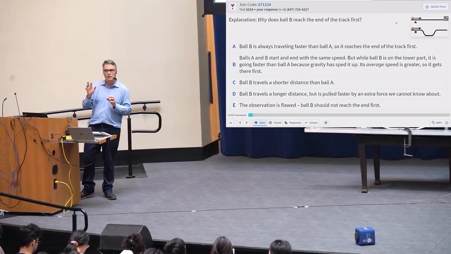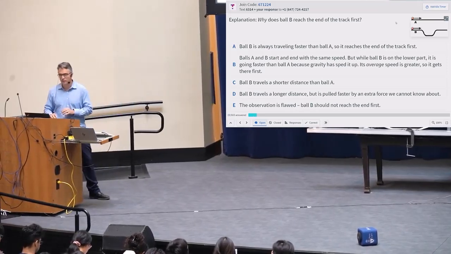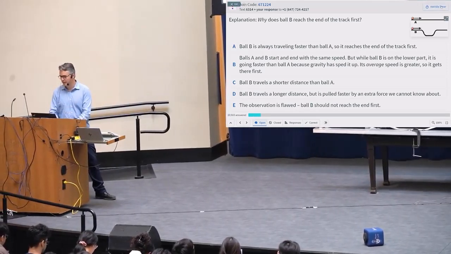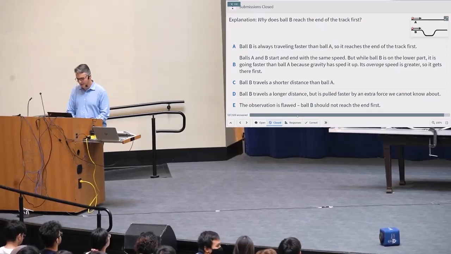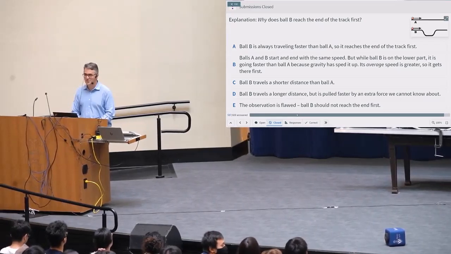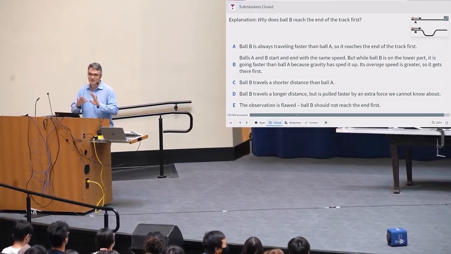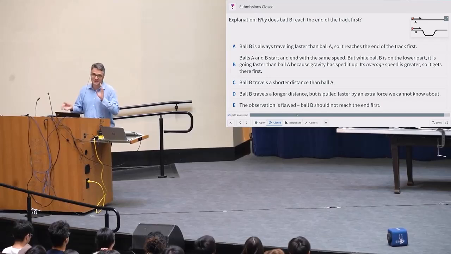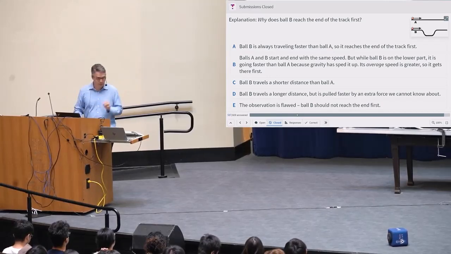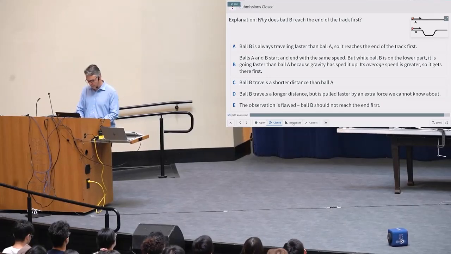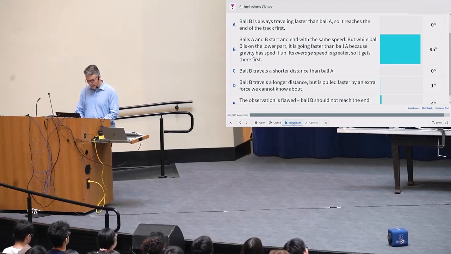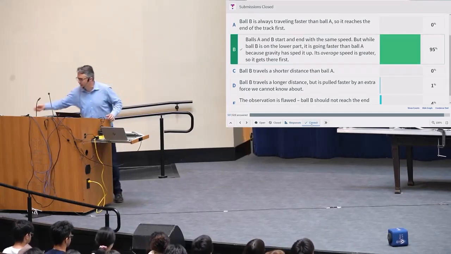I think 4 of them don't really make sense, and one of them I like a lot better. I've given this demonstration to actually a room full of physicists at the Canadian Association of Physicists, and it kind of comes out the same. A lot of people predict that they'll end up at the same time. So don't feel bad. B is the explanation I was liking.